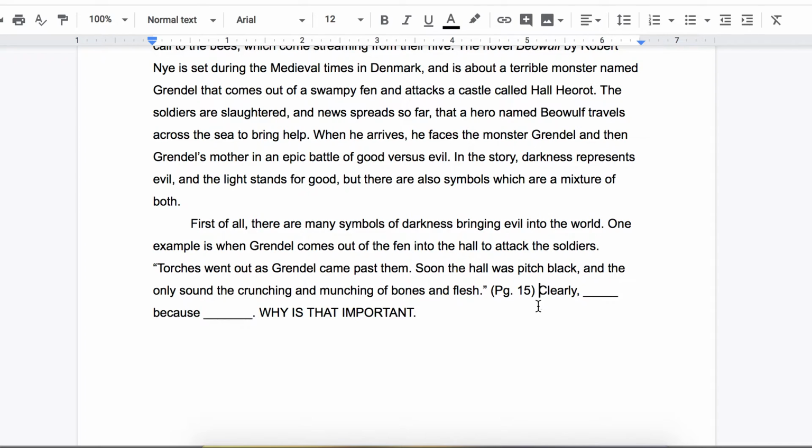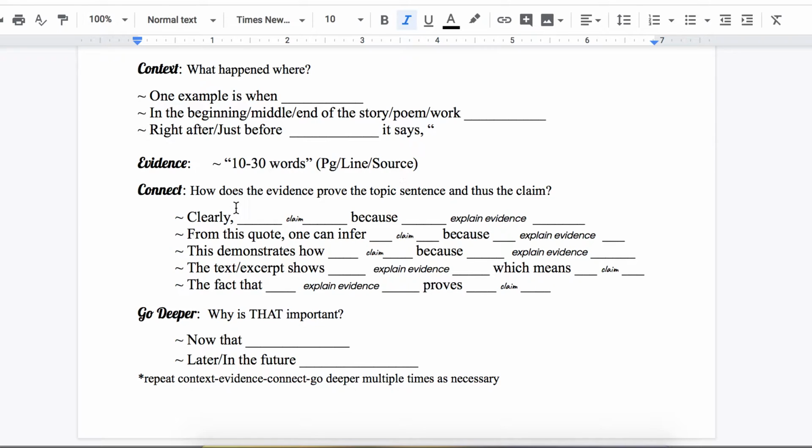So I told you yesterday that you could use the clearly because sentence frame. I'm going to go ahead and do this as a sample, but I'm going to use a different sentence frame, because you can use any of these five sentence frames here. So I'm going to go ahead and use the fact that.